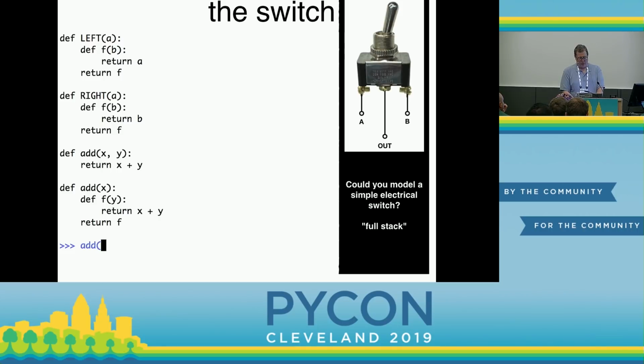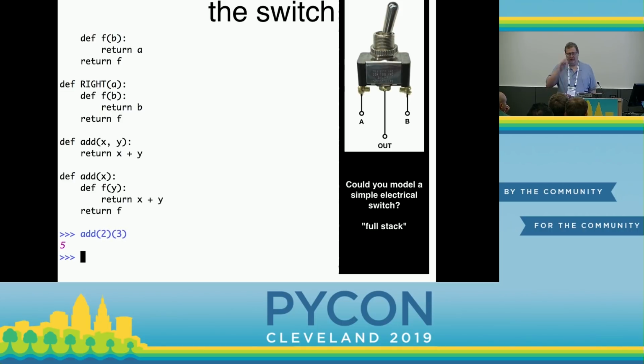This is not going to win you points at work, but you can take multiple argument functions and turn them into single argument functions. This is something known as currying.